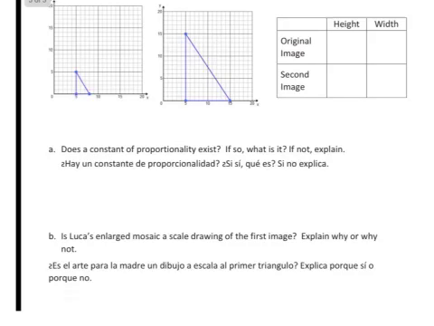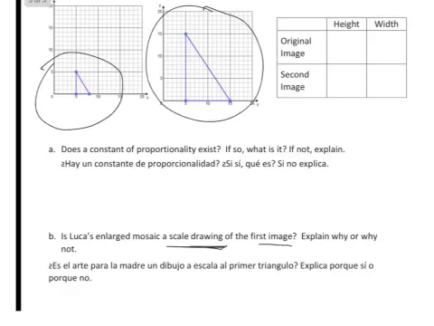So now this question is asking us to go a step further, and it says, is Luca's enlarged mosaic a scale drawing of the first image? So is this one a scaled drawing of this one? Well, we decided that there's no constant of proportionality.